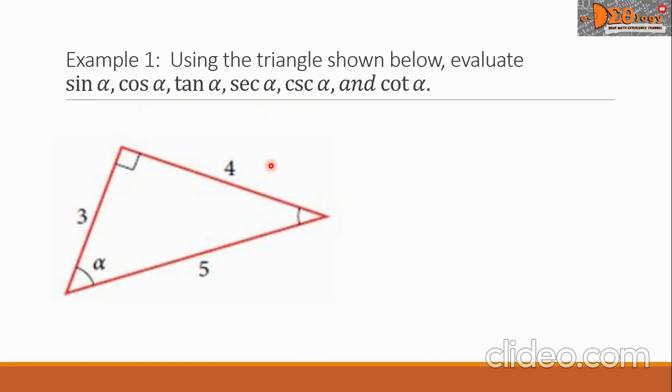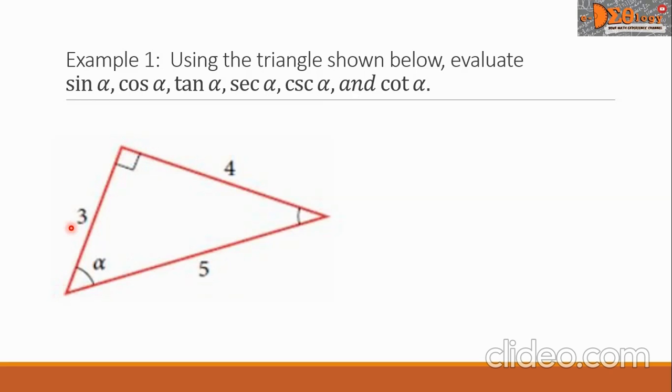In this triangle, the angle alpha is here. So the opposite side is here with a length 4. This is our right angle, and opposite to that is the hypotenuse with length 5. And the side here is the adjacent side with length 3.